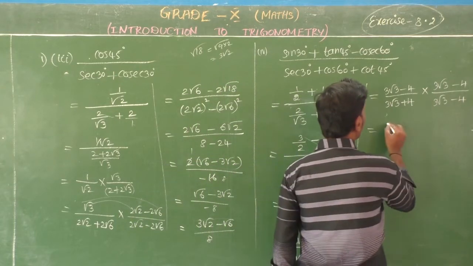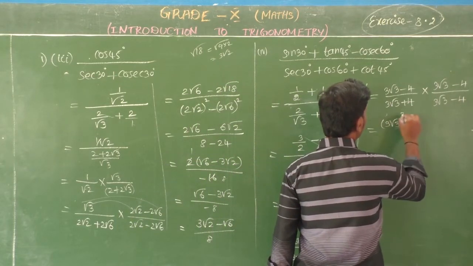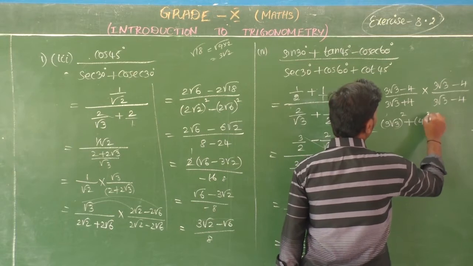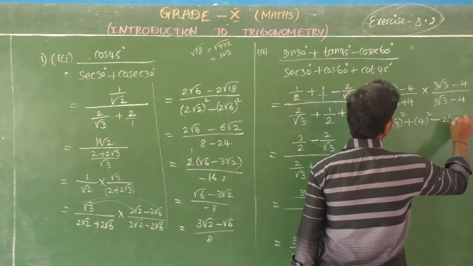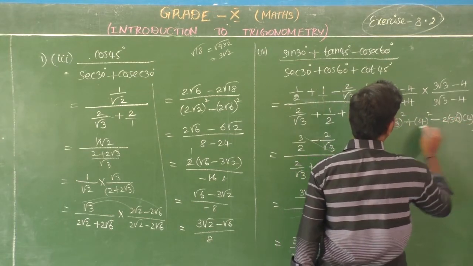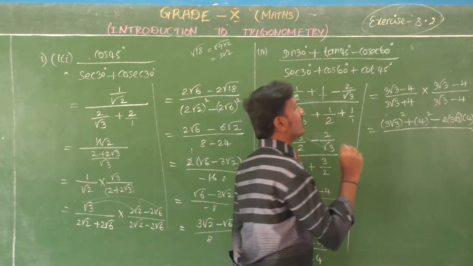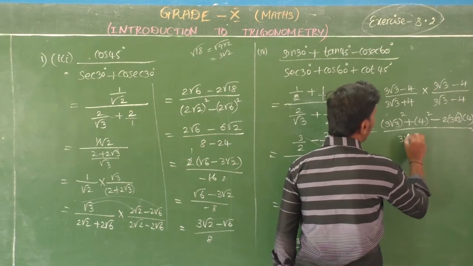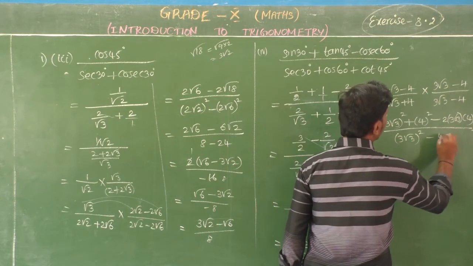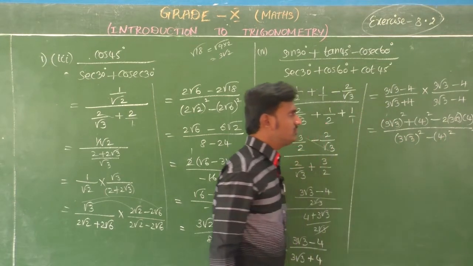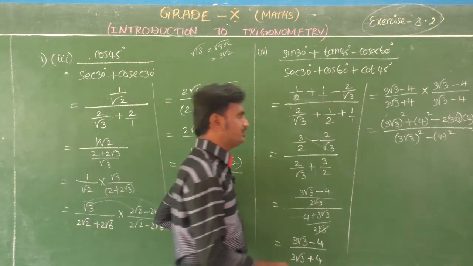So for that, (3 root 3) the whole square plus 4 the whole square minus 2 into 3 root 3 into 4, the whole divided by (a plus b) into (a minus b), a square minus b square. So for that, (3 root 3) the whole square minus 4 the whole square. Okay.